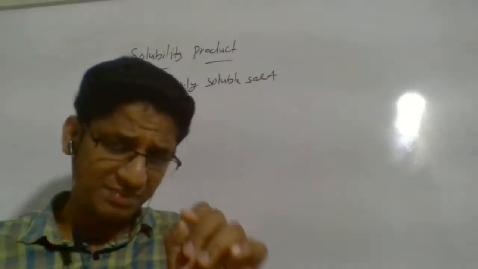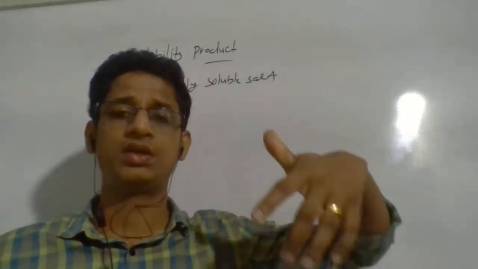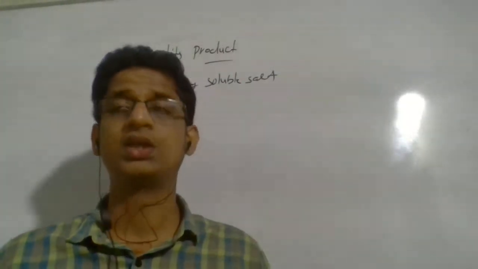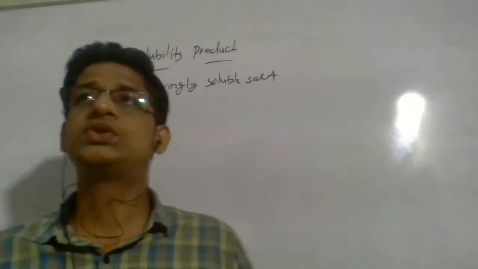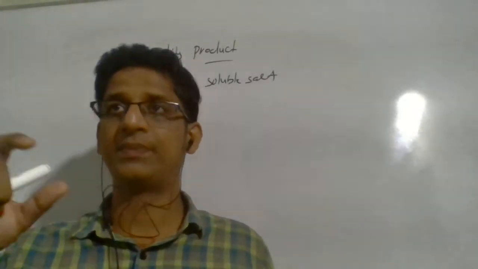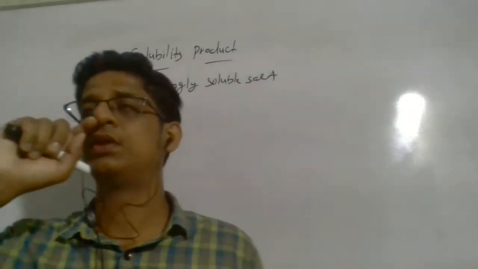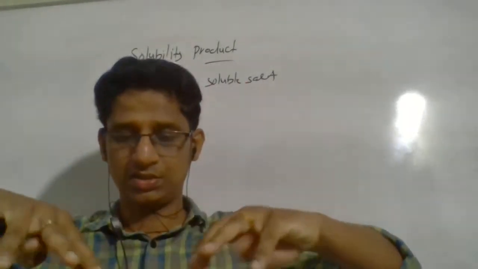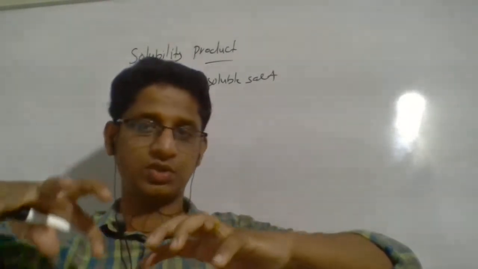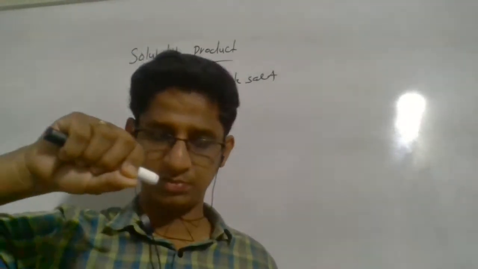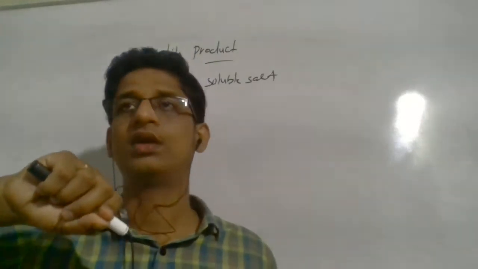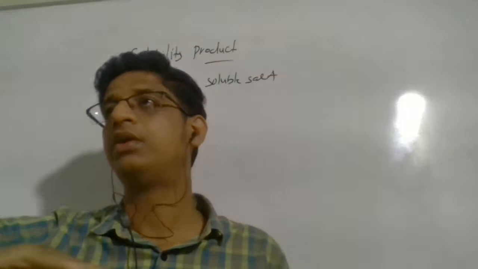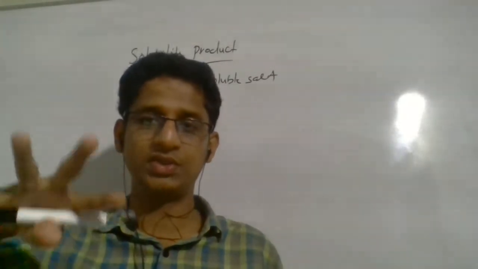But some part will definitely dissolve, even though they show less soluble nature. Imagine a large amount of solvent is taken and some solute is added; some part will dissolve, and after a point the maximum amount of solute is dissolved.